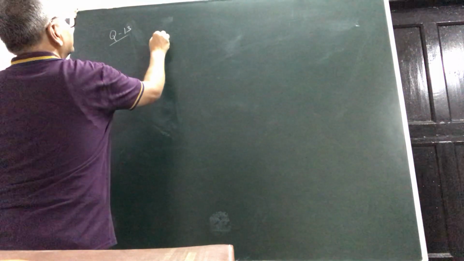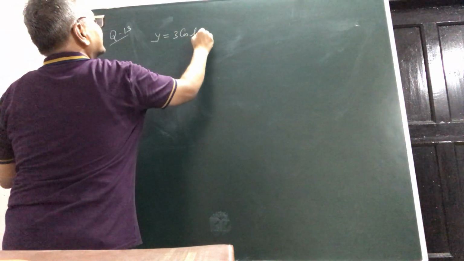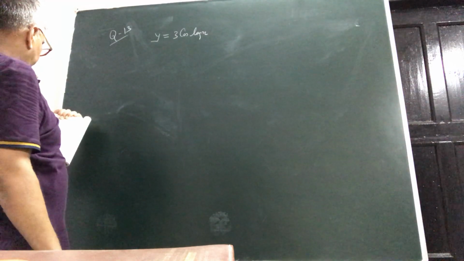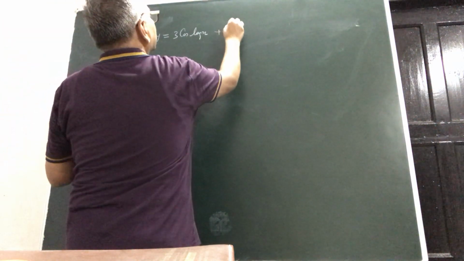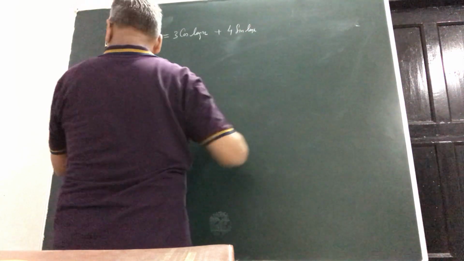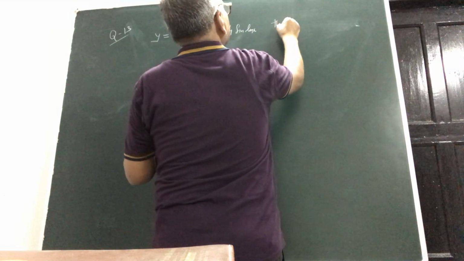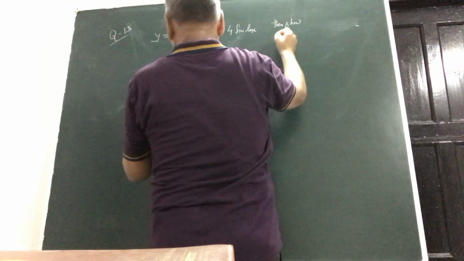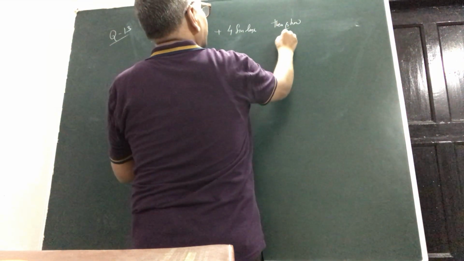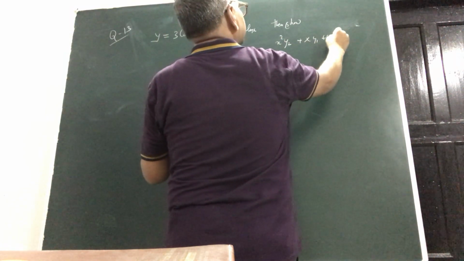It says, if y is equal to 3 cos log x plus 4 sin log x, then show that x square y2 plus x y1 plus y is equal to 0.